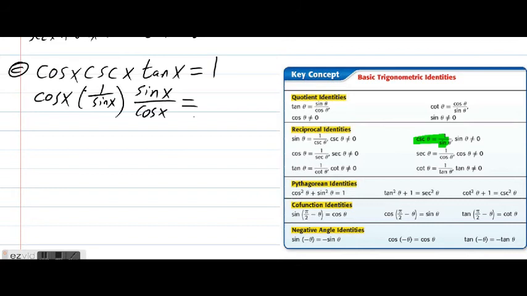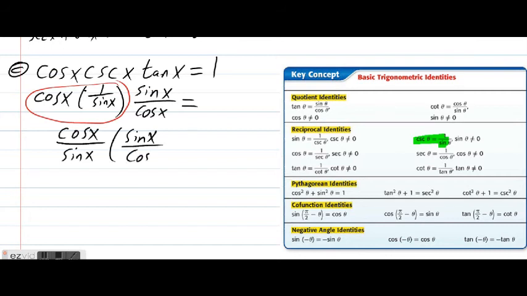Well, let's think about multiplying these two right here. This is simply cosine of x over sine of x times sine of x over cosine of x. And again, we're still trying to make this thing equal 1. I hope you guys all agree. That cross cancels. That cross cancels. So we're left with 1 equals 1, showing that checked.